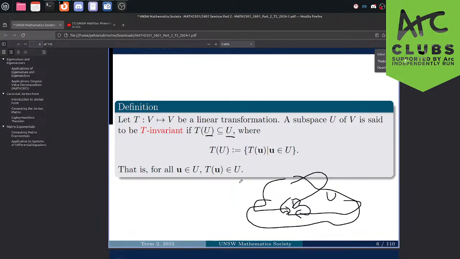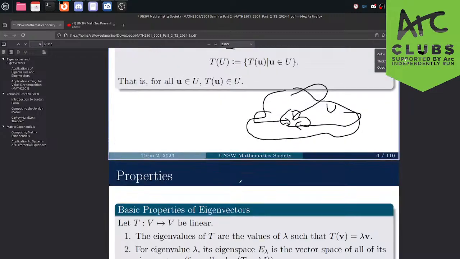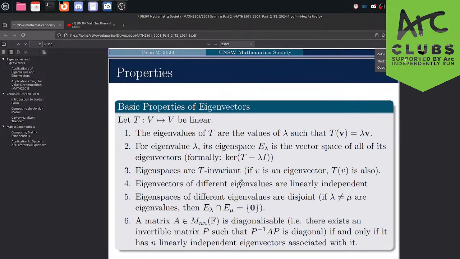So it's preserving itself. This is going to be nice to define one of the properties.